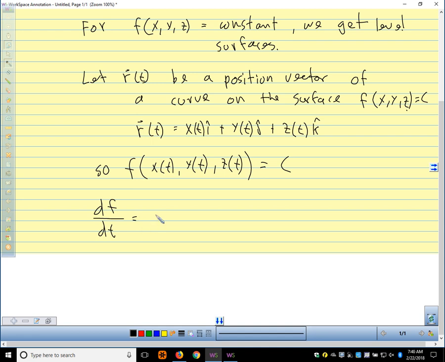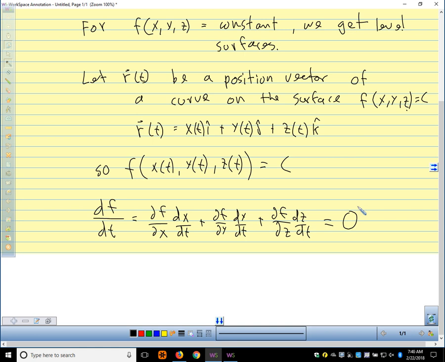That's going to be the partial of f with respect to x times dx dt, plus the partial of f with respect to y times dy dt, plus the partial of f with respect to z times dz dt. And that's going to equal, the derivative of a constant is 0.